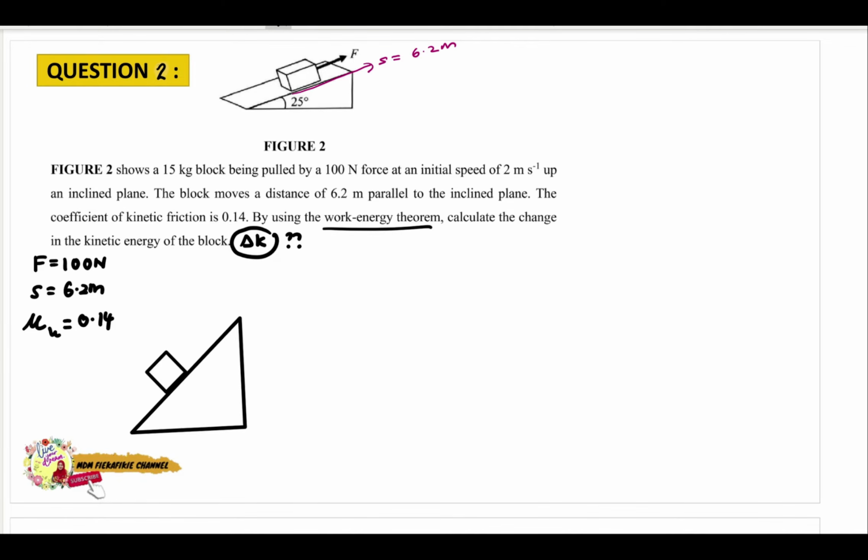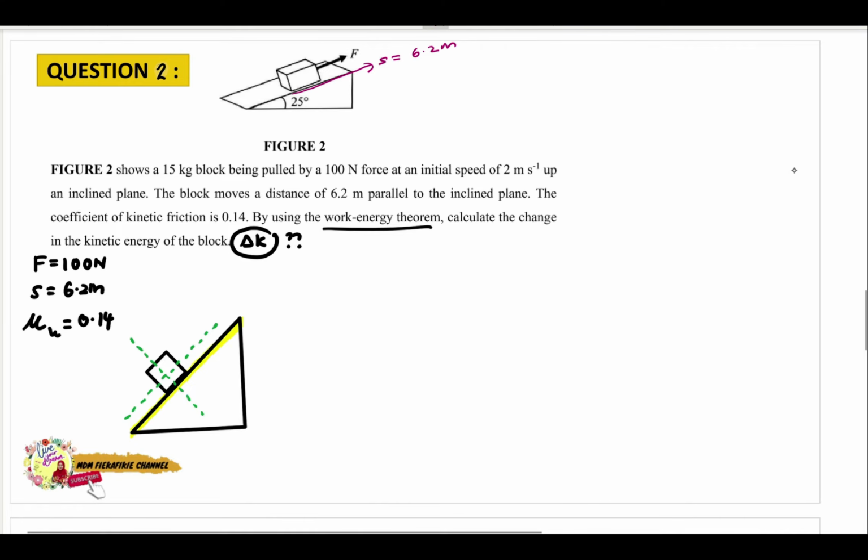Alright, so now let's sketch the free body diagram. First, we're going to sketch the X and Y axis. Make sure the X axis is on the surface of the inclined plane. Kat mana dia bergerak? So maknanya dia bergerak kat sini kan? So this is the X axis. Kalau you lukis macam ni, dia mesti parallel. Okay, macam tu X axis, and then this is the Y axis.